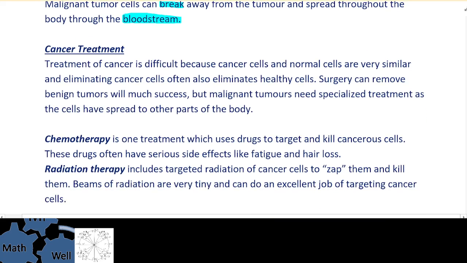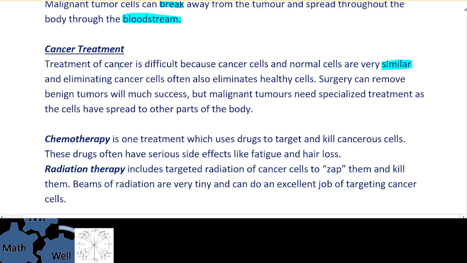So cancer treatment is often long and difficult, but treatment of cancer is difficult because cancer cells and normal cells are very similar. So that's part of the reason why cancer treatment is difficult, because if you try and do anything to eliminate the cancer cells, it's tough to detect which ones are the cancer cells.